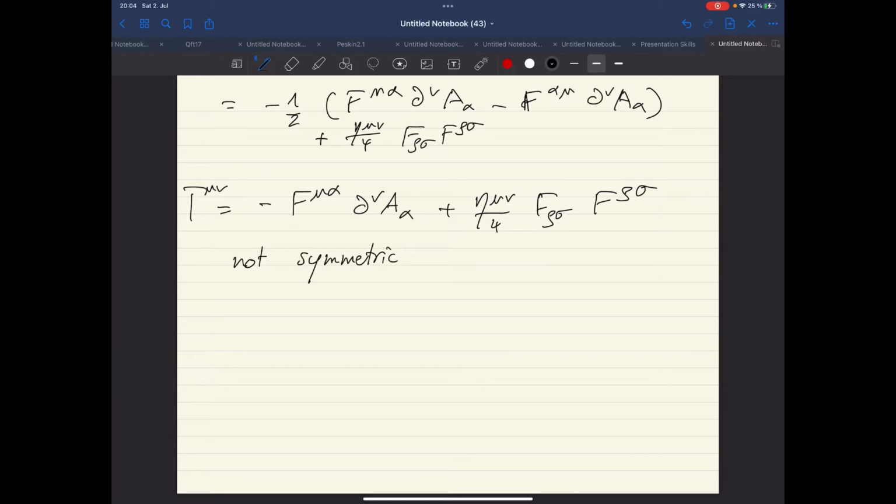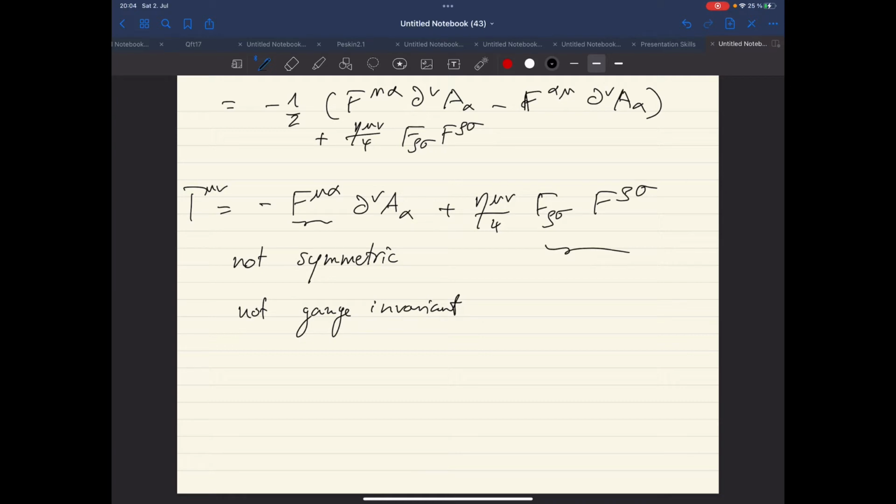Okay, so it's actually not symmetric as we have seen so far in the classical field theories. And in addition, it's also not gauge invariant. But of course it's conserved, but it's neither symmetric nor gauge invariant, because as we see, F mu alpha is antisymmetric, but d nu A alpha in general is not the same if I flip the indices of mu and nu.